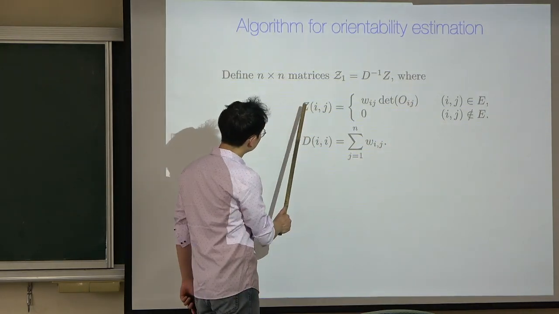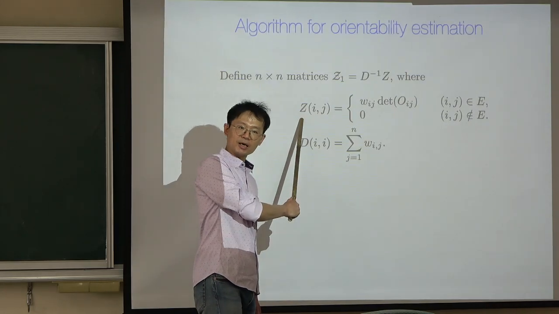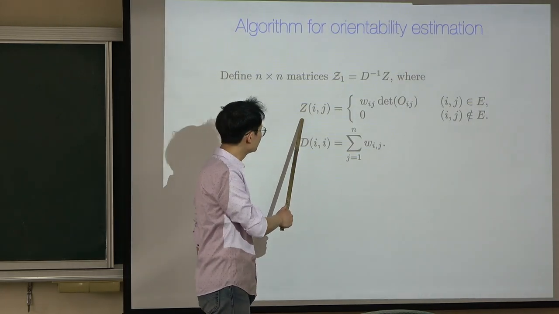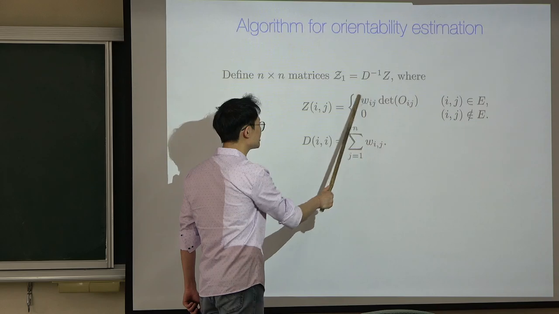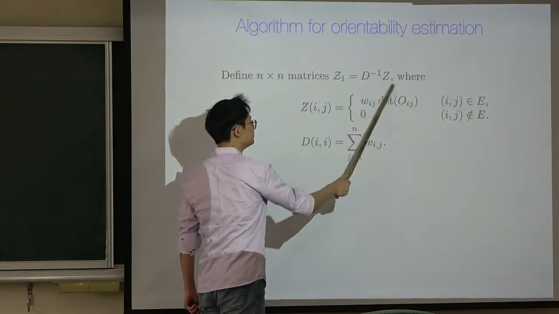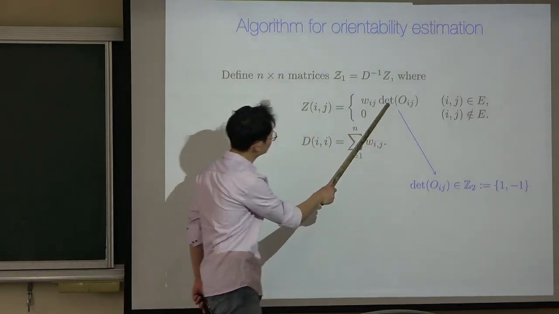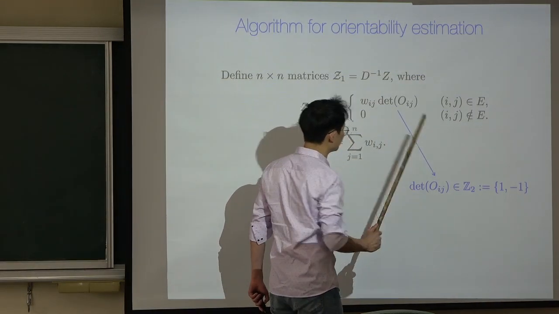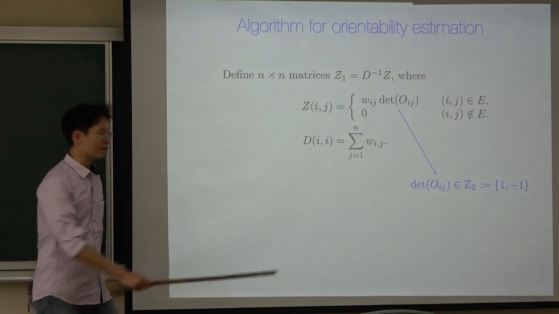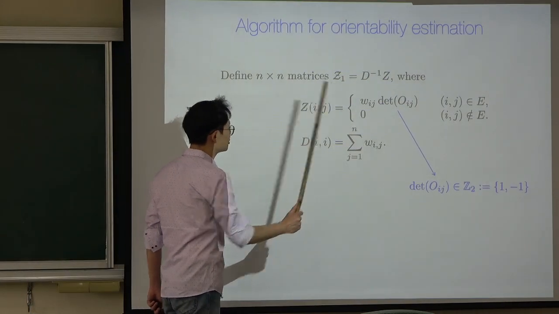So you see, this Z matrix is no longer like what we had before, like an affinity matrix. It is an affinity matrix combined with plus minus 1. And this plus minus 1, again, comes from the determinant. And you have the D_ii, W_ij.